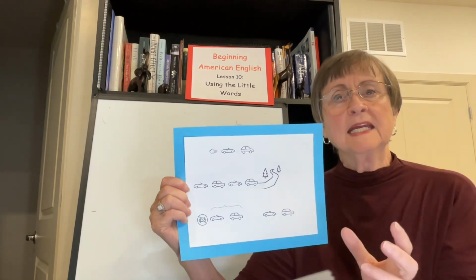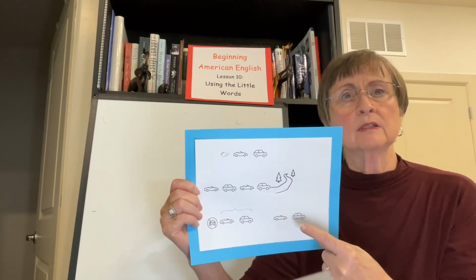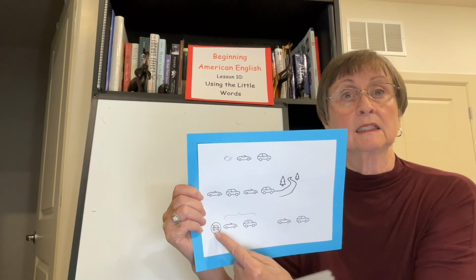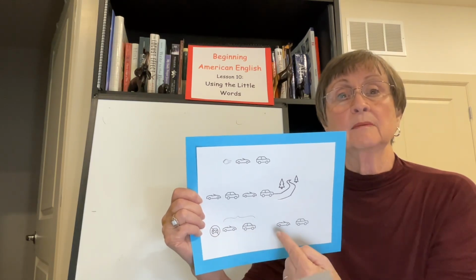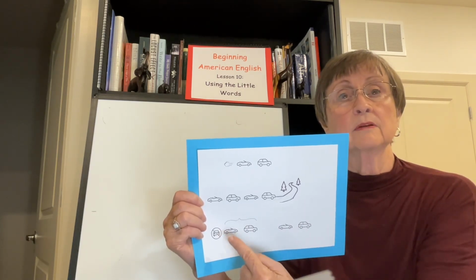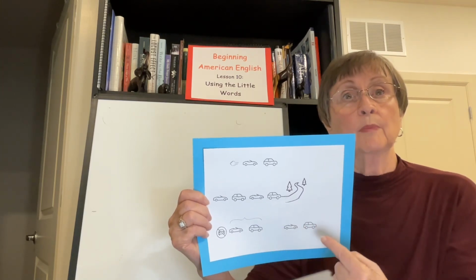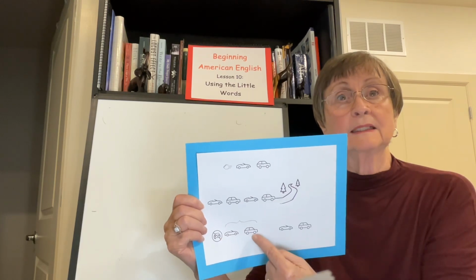And on this one, all of these cars are parked and I see them parked. But these are parked illegally. In my earlier sentence, these are parked illegally. These are not parked illegally, but they are all parked. The cars are parked. The cars are parked. These cars are parked illegally.